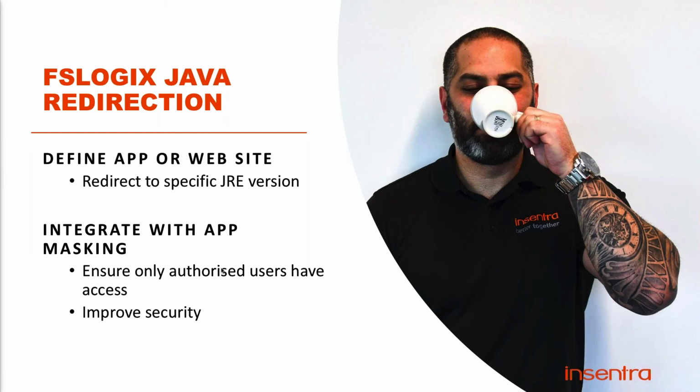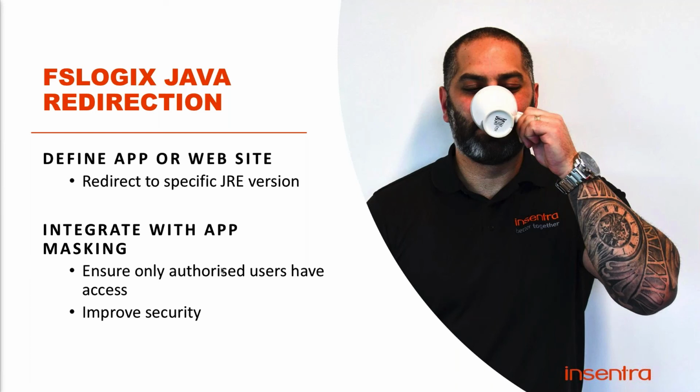Additionally, what we can do is we can now integrate this with app masking. So the JRE is just another Windows application. It has entries on the file system, entries in the registry, so we can create a definition for that application. And if I have a set of users who don't need access to Java, for example, or don't need access to those applications based on Java, they don't need to see the JRE.